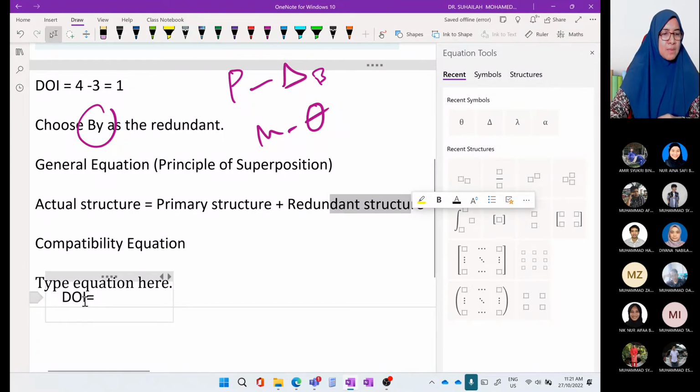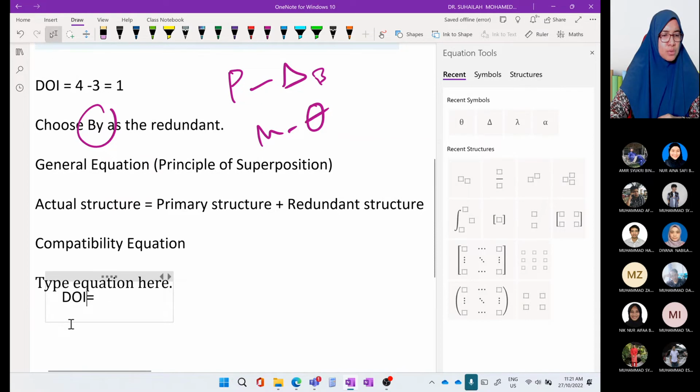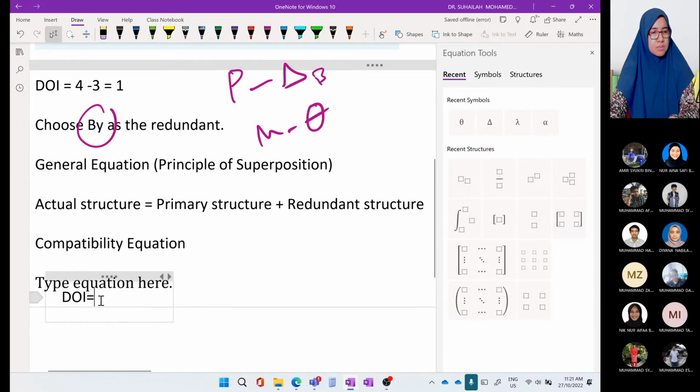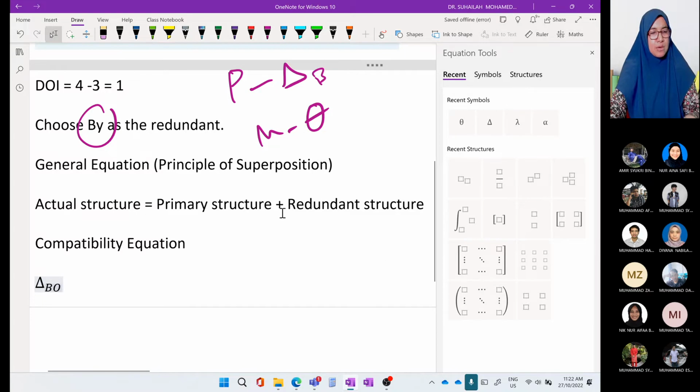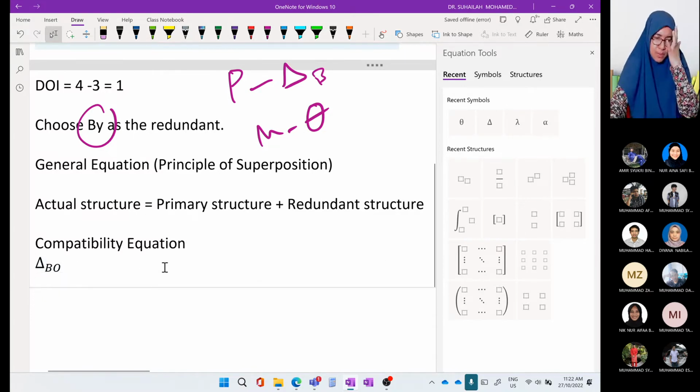Okay, so compatibility equation equal to, okay, it is delta B naught, By. Since the position is B, it is equal to delta B naught. Okay, we will write the equation.